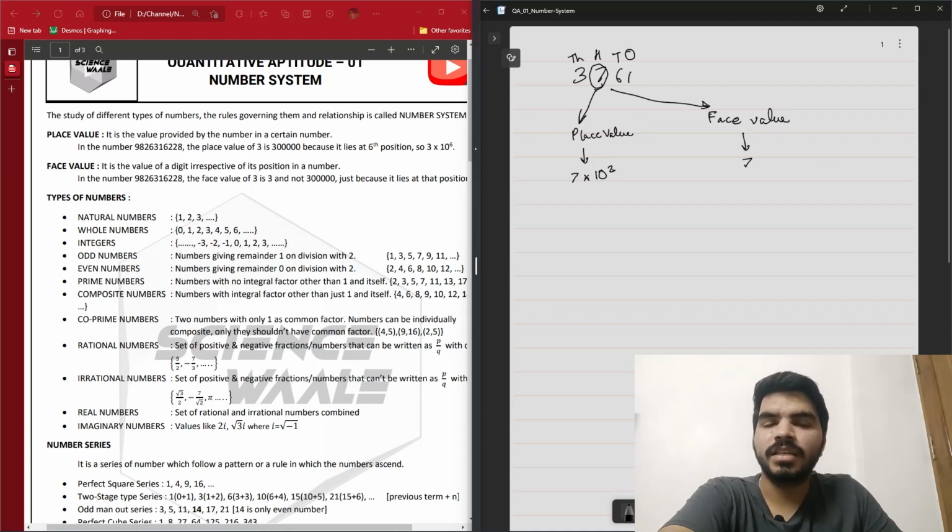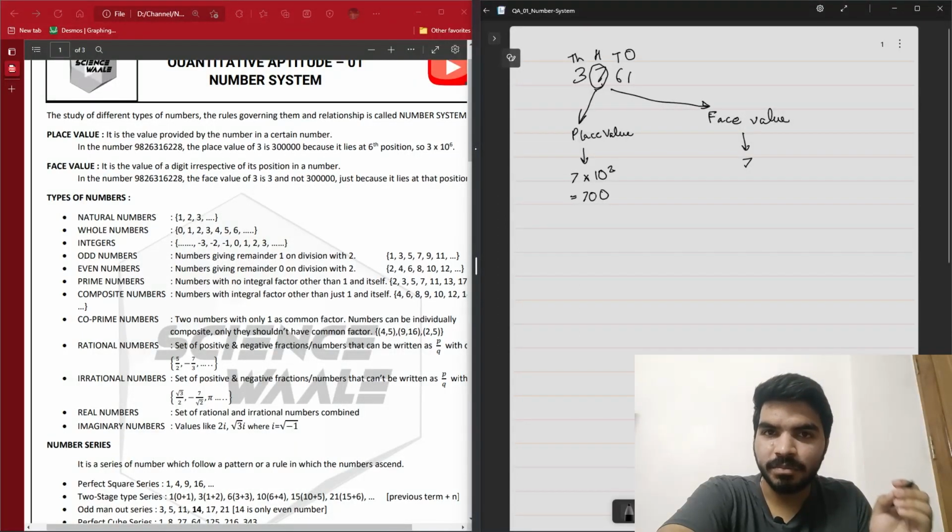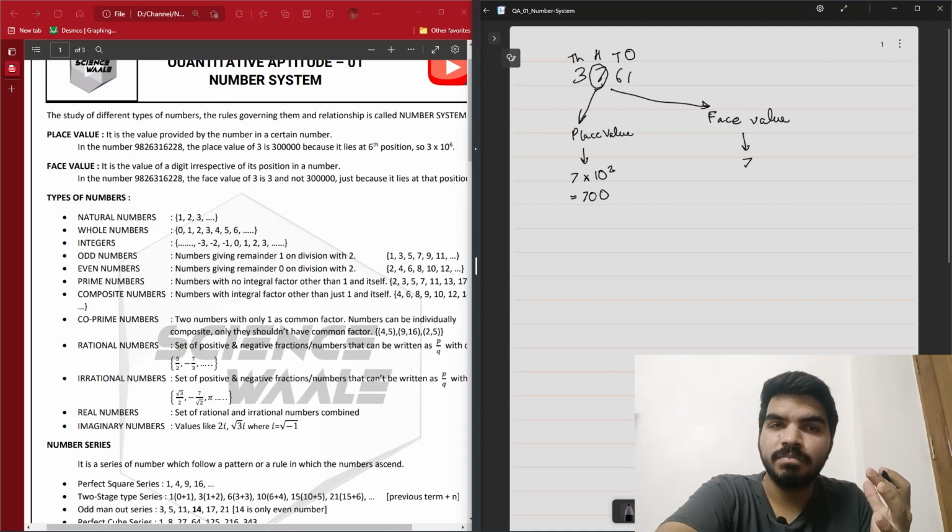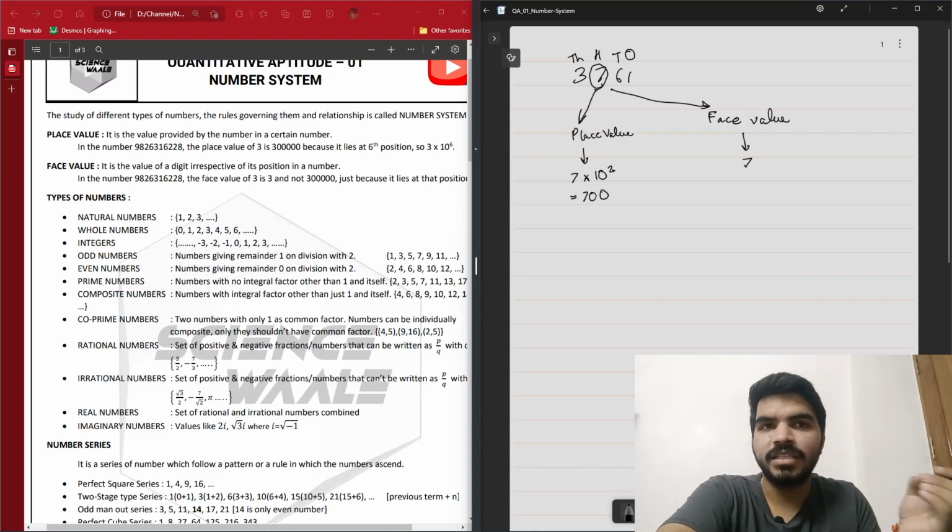This is actually like in the entire number, this is providing 700. That is the place value. This is the significance of that digit in that number, that is the place value. It is providing 700 in that number.